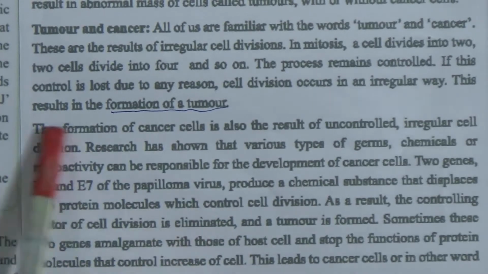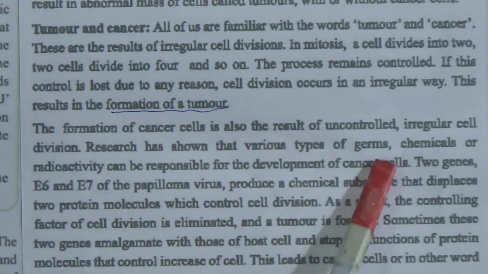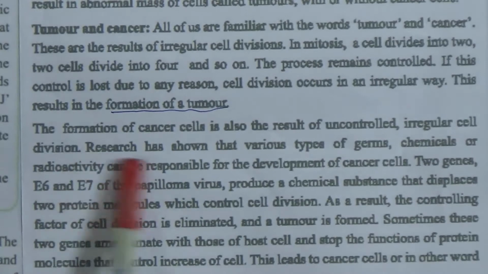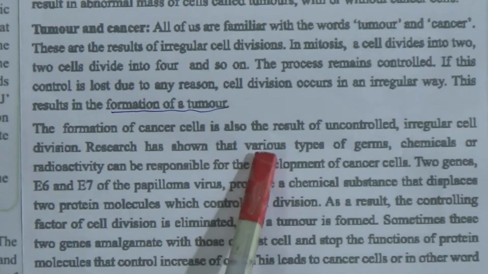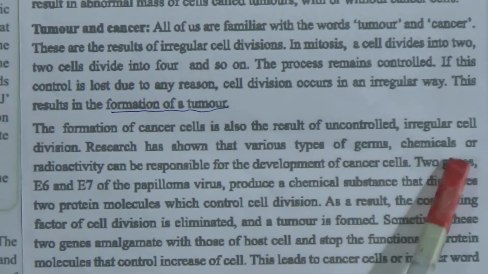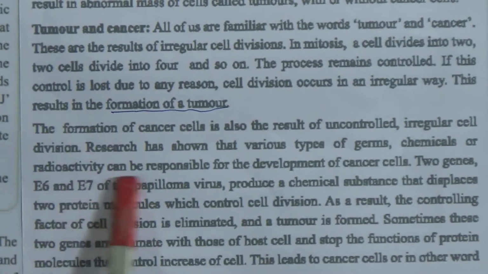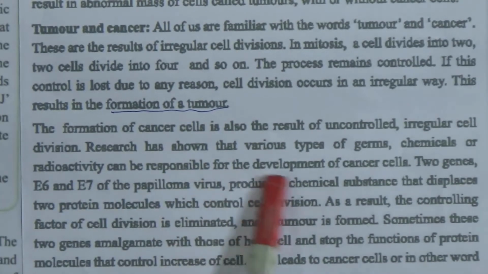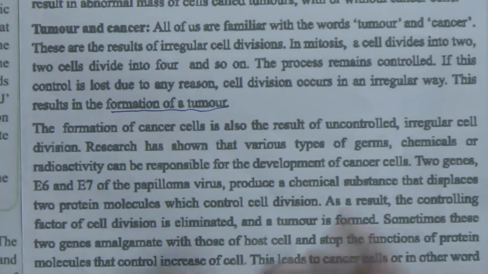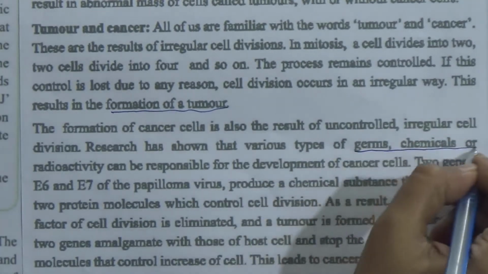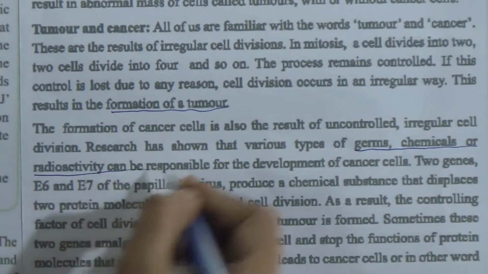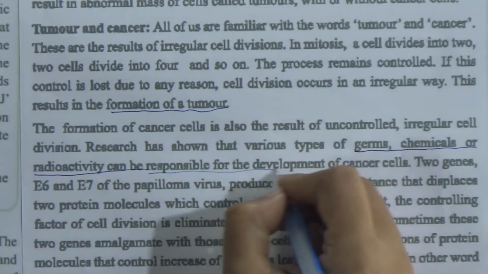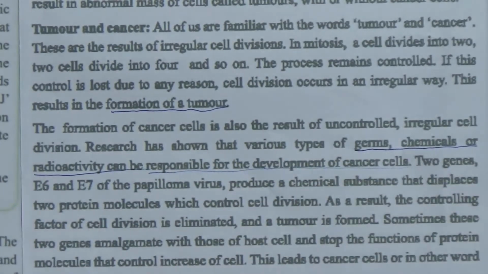The formation of cancer cells is also the result of uncontrolled irregular cell division. Research has shown that various types of germs, chemicals and radioactivity can be responsible for the development of cancer cells. Dear students, underline the causes which are responsible for the development of cancer cells.